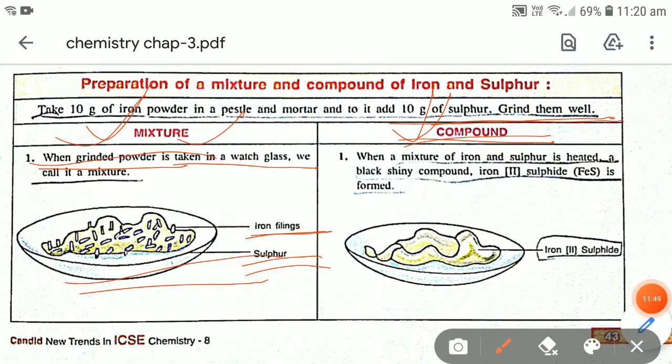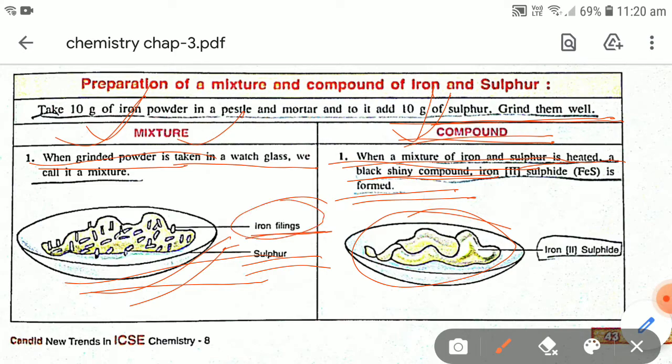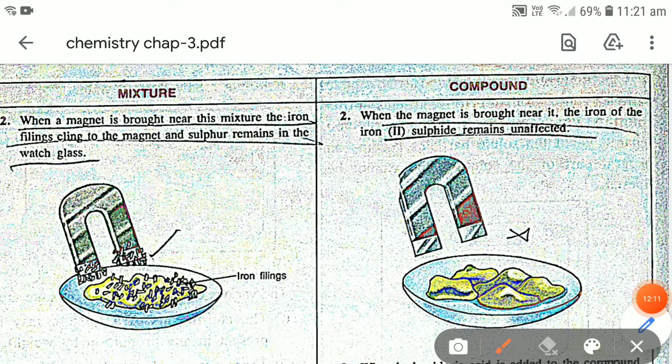Whereas in the compound, when a mixture of iron and sulfur is heated, a black shiny compound, that is iron sulfide, is formed. So a black shiny compound is found, whereas here the iron filings and the sulfur are separated. I hope it's clear. Again we have a difference. In the mixture, when a magnet is brought near, the iron filings cling to the magnet and the sulfur remains in the watch glass.